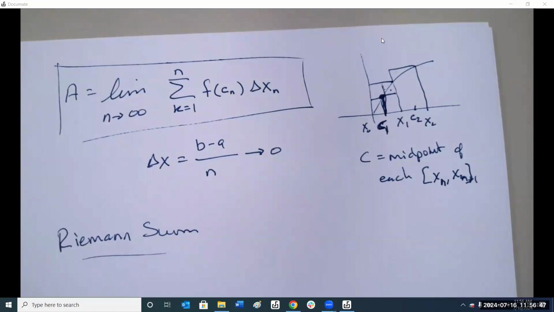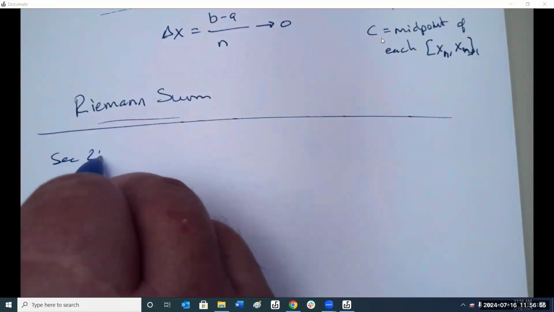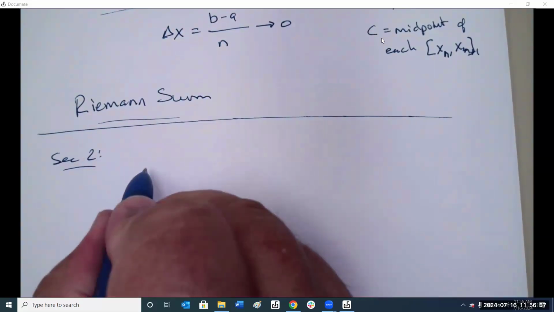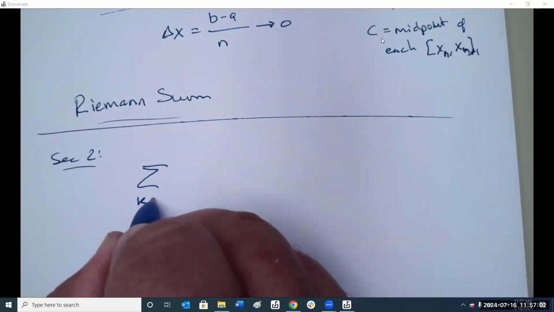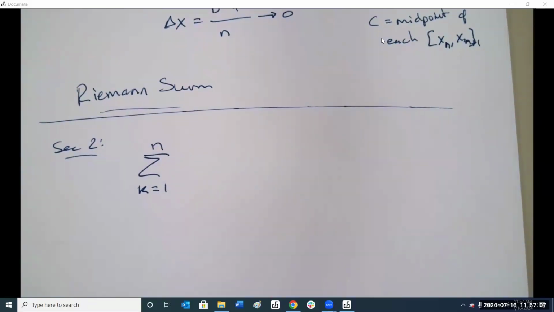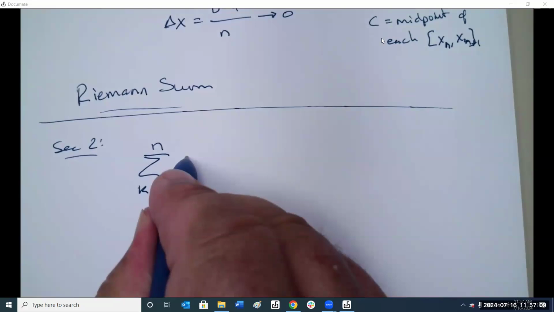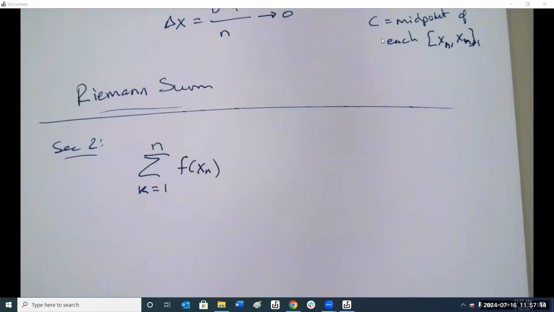Now, in section 2, are y'all familiar with the summation symbol? What it does? Okay.